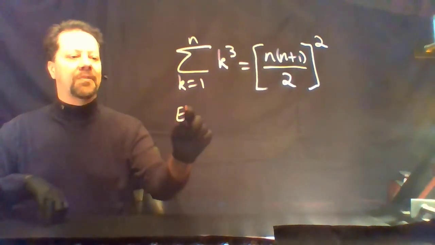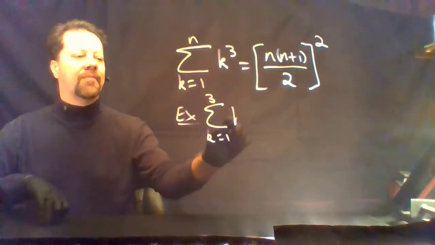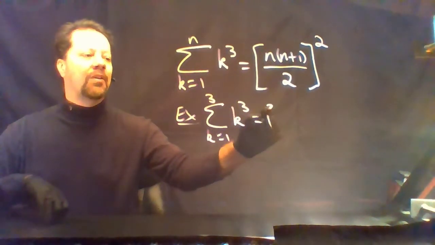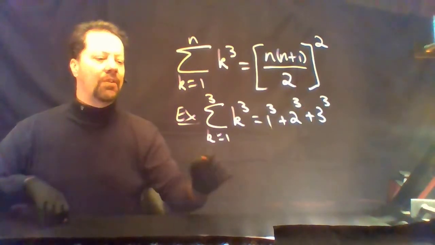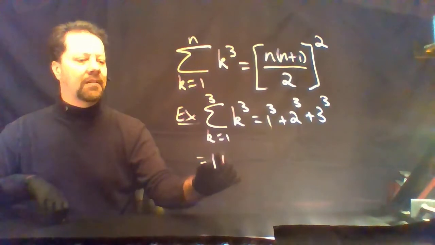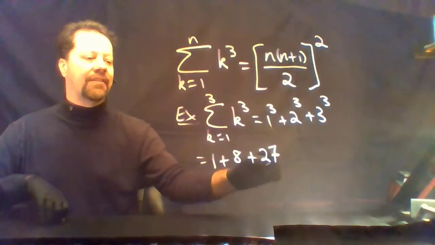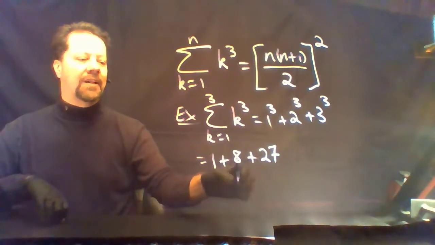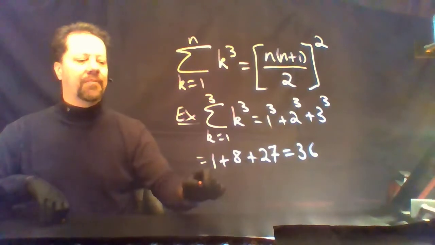So for example, sum as k goes from 1 to 3 of k cubed will be 1 cubed plus 2 cubed plus 3 cubed. 1 cubed is 1, 2 cubed is 8, and 3 cubed is 27. 1 and 8 is 9, plus 27 is 36.